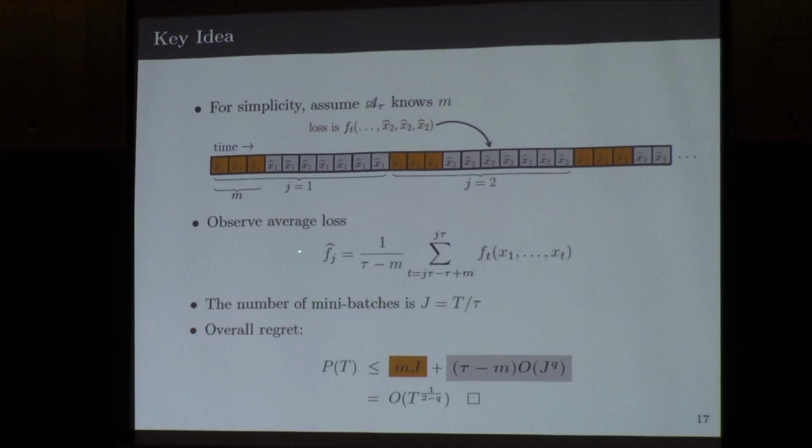So they're the same function regardless of what I play from here on. So on these gray rounds, it's as if the adversary were oblivious, and so I can use the standard regret bound I have against an oblivious adversary.